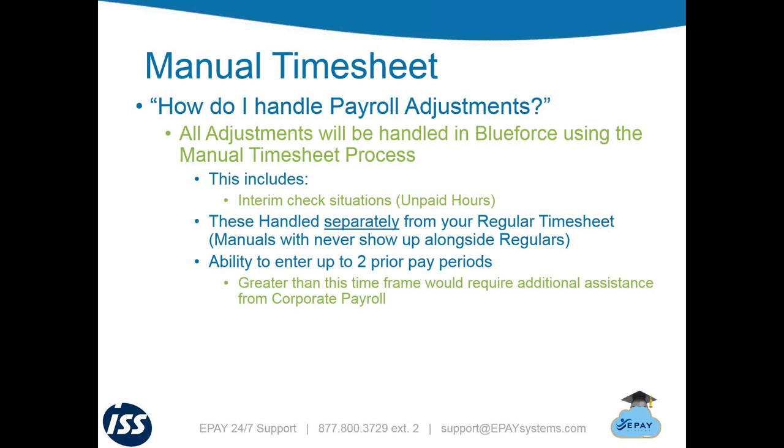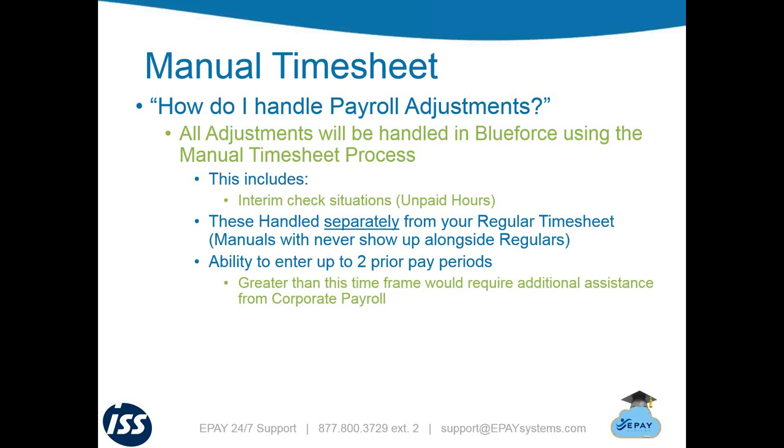Now, if you have something that extends greater than 2 periods out, then this is going to require some additional assistance from your corporate payroll contact. At that point, you can get them involved for assistance with that entry. And that's really the only time I'll encourage you to contact corporate payroll during this phone call, and I'll explain this as we go through.